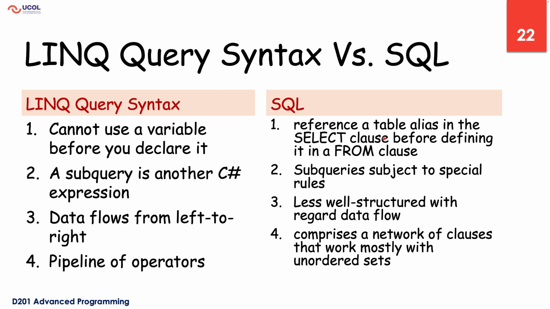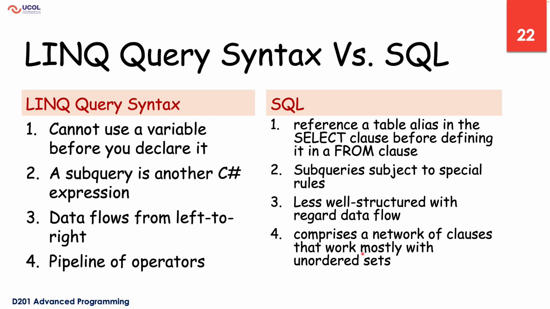In SQL, you can reference a table alias in the select clause before defining it in a from clause. A subquery is subject to special rules. It is a separate expression, but whenever we have subqueries within a query, they are subject to special rules. SQL is less well structured with regard to the data flow.